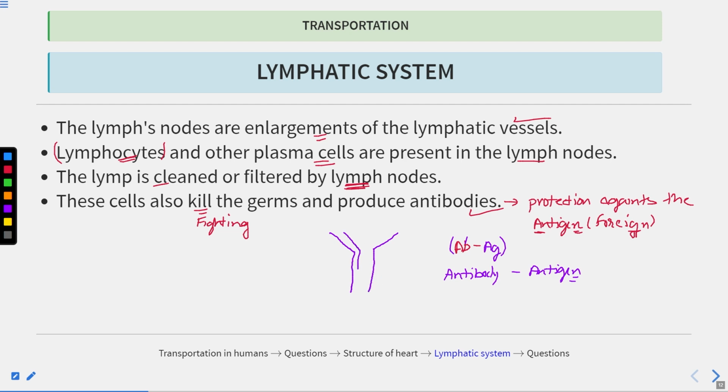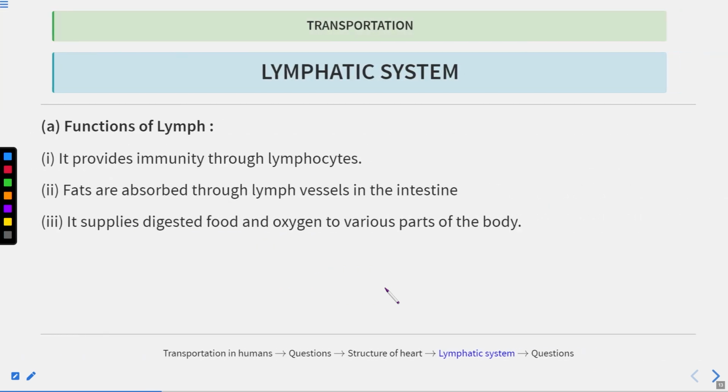Antibodies are also known as immunoglobulins. These immunoglobulins have the antigen recognizing sites which are present here, and it consists of four chains. This is the rough sketch of an antibody, also known as an immunoglobulin.